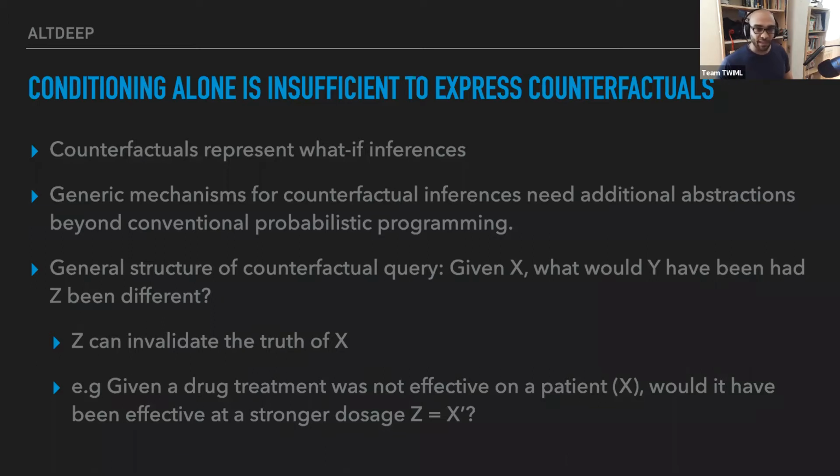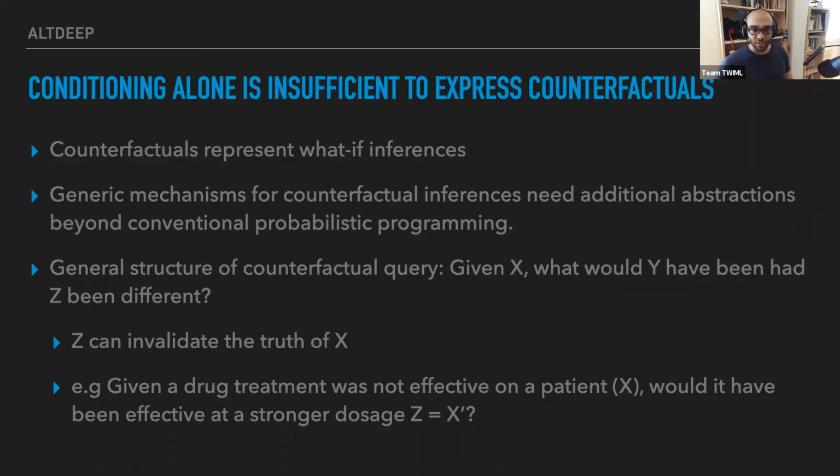So his argument here is that conditioning alone is insufficient to express counterfactuals. So what's a counterfactual? It represents a what-if inference. His core argument is that generic mechanisms for counterfactual inference need additional abstractions beyond conventional probabilistic programming. So we're in probabilistic programming land.